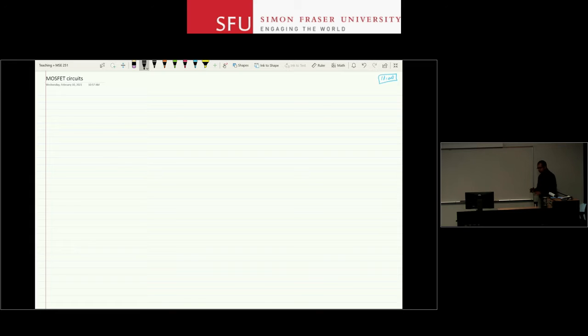Now let's go through a couple of examples so we learn how to do the analysis for MOSFET circuits. The first circuit is from your slides, and here's an example. The circuit we have is a simple resistor MOSFET circuit.